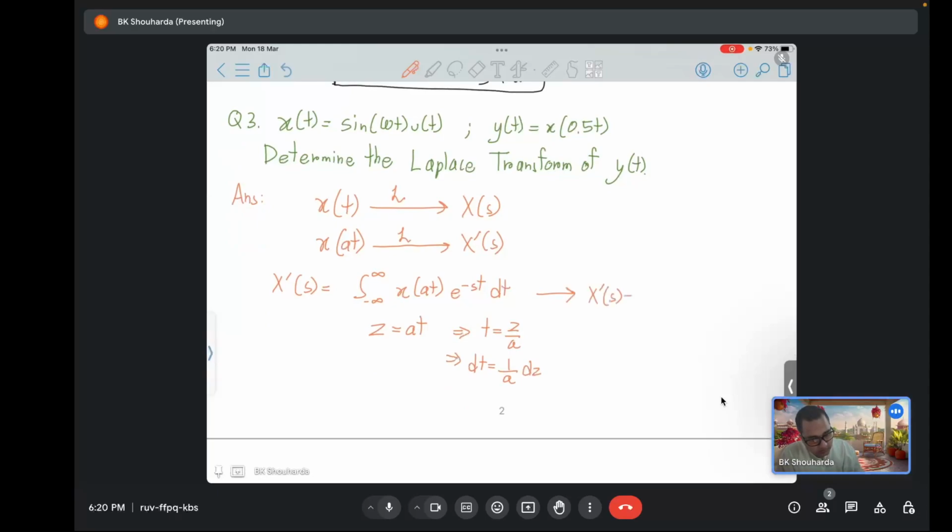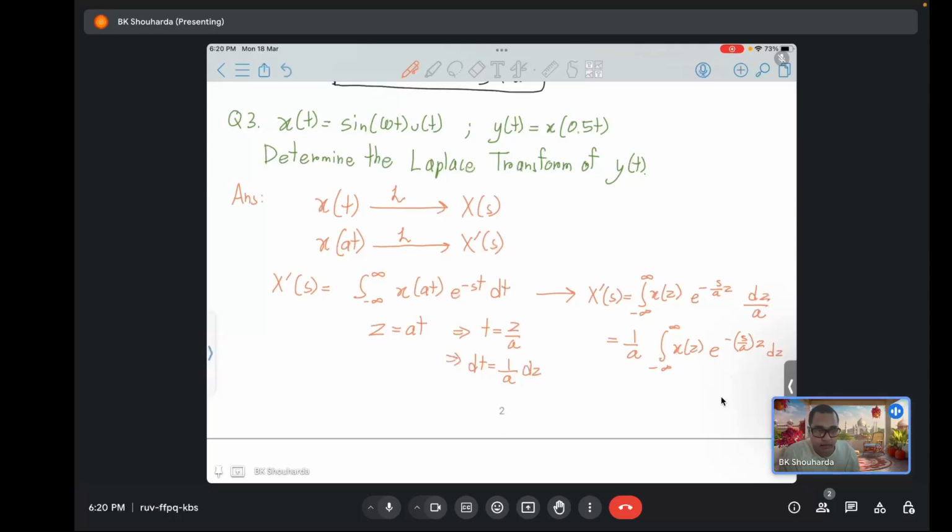How do I replace that? X prime(s) is the integral from minus infinity to infinity of x(z) e to the power minus s a z dz upon a, that is 1 upon a times the integral from minus infinity to infinity of x(z) e to the power minus (s upon a) z dz.